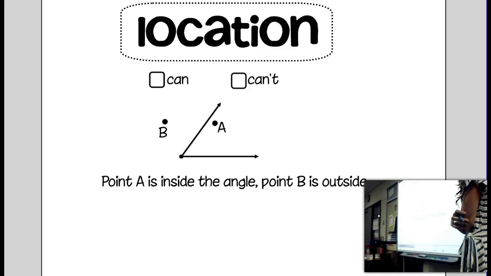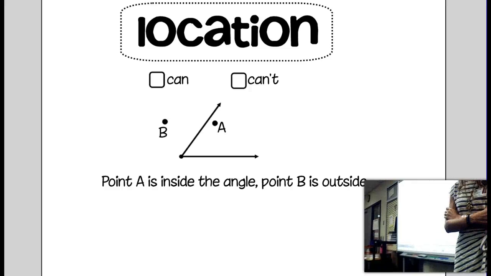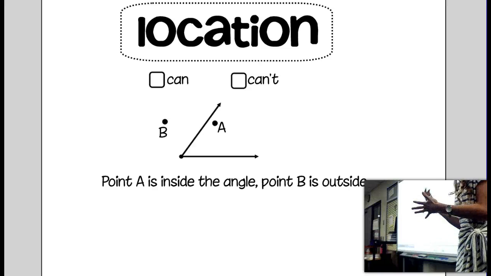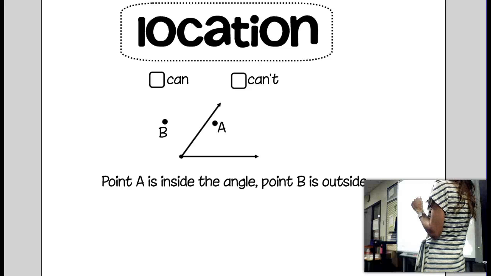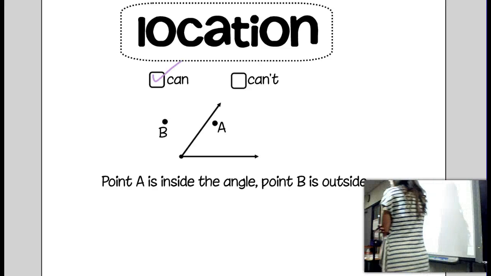Location. Can you assume that point A is inside the angle and point B is outside the angle? Yes. Now, I didn't say where it was inside, right? I didn't say it was in the middle. I'm just saying A is in and B is out. That's a yes. You can assume. Add location to your can list.